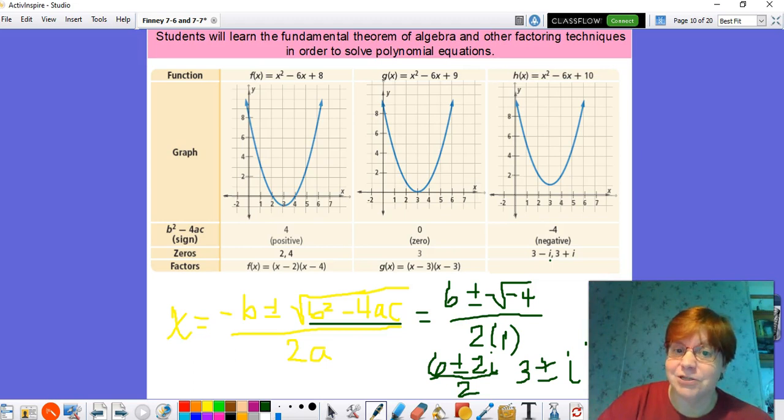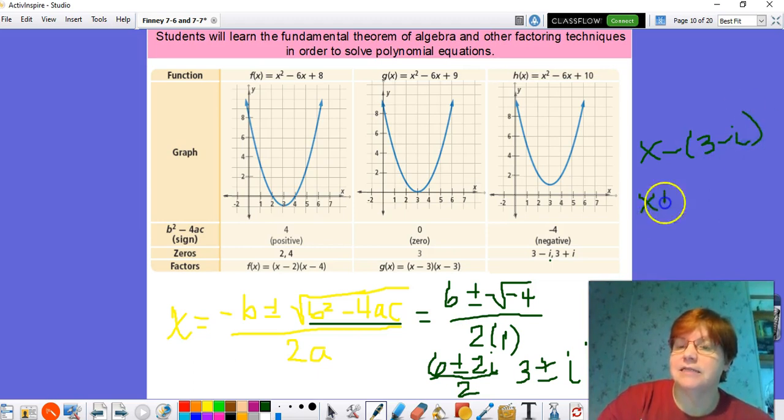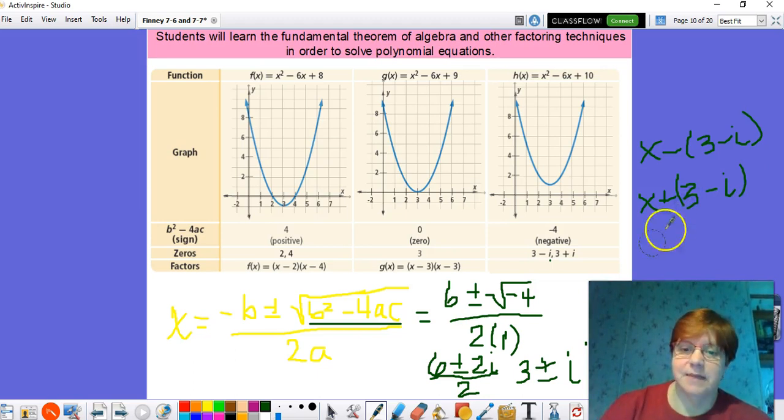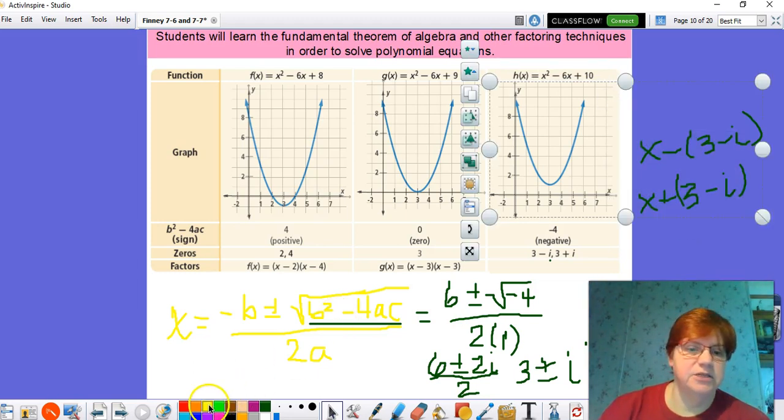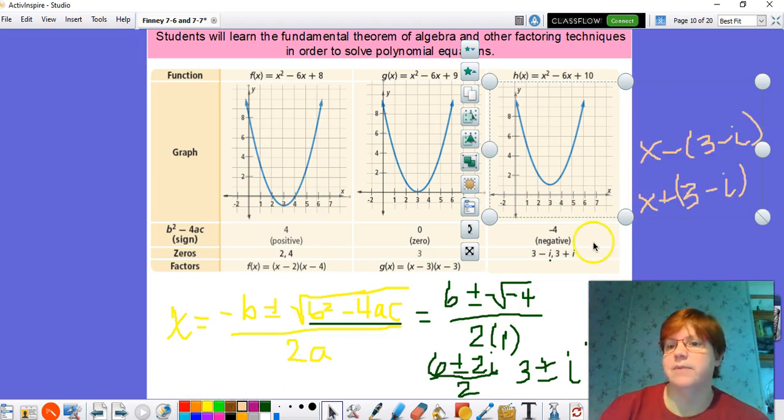So then your factors are x minus 3 minus i and x minus 3 plus i. I probably shouldn't have used green on blue over there. See if I can change that color. That would be better.